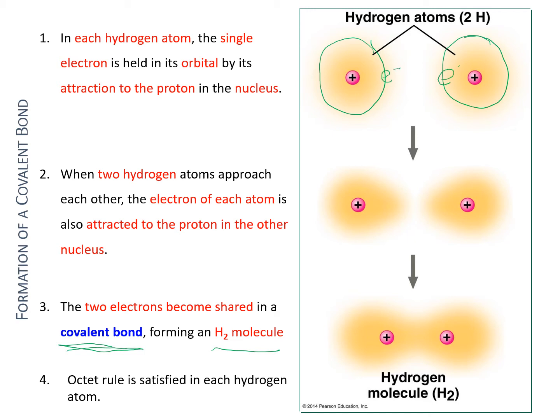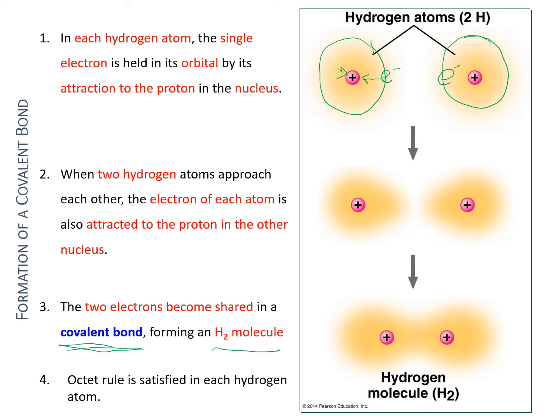In each hydrogen atom, the single electron is held in its orbital by its attraction to the proton in the nucleus. In the nucleus of the hydrogen atom, you will have 1 proton, so the electron on the valence shell will be attracted to its proton.